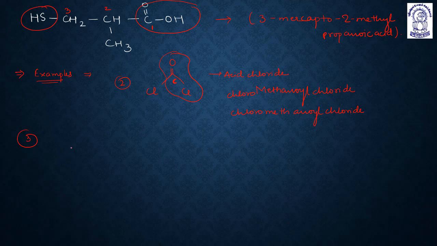Then, the IUPAC name for urea. This group is an acid amide, a derivative of carboxylic acid, named as carboxamide, that is methanamide.